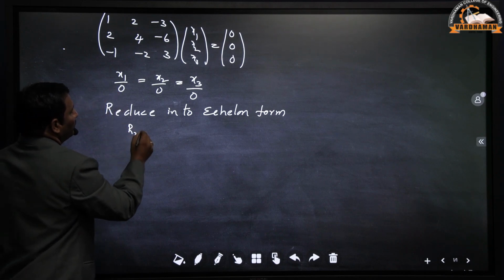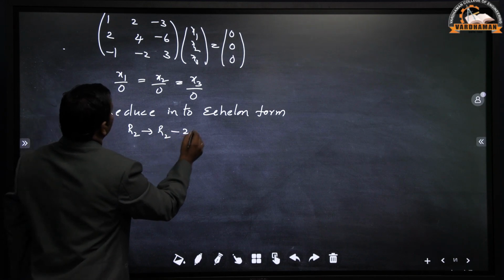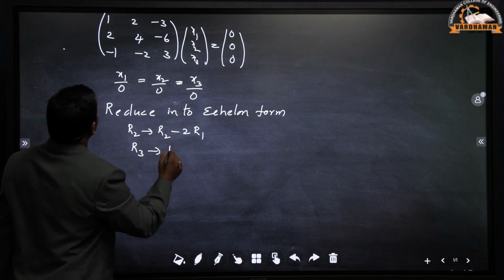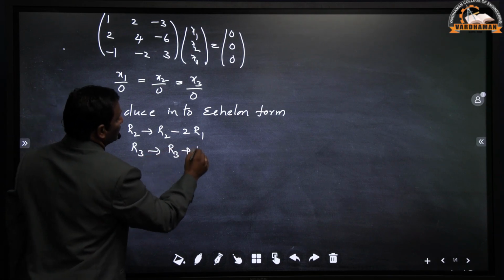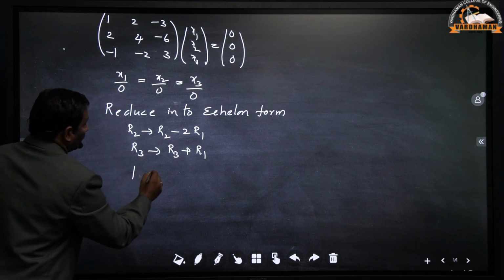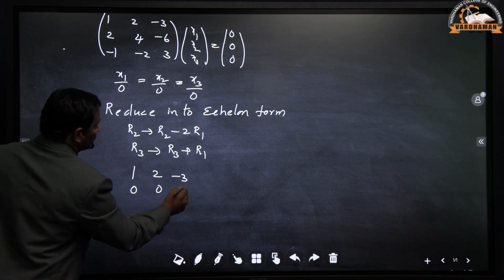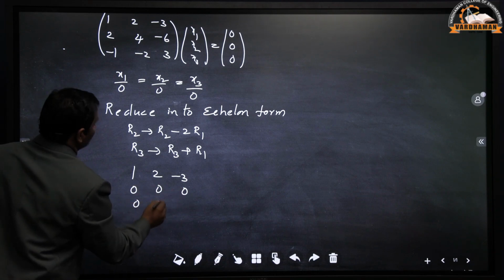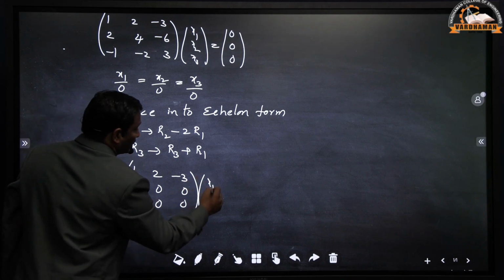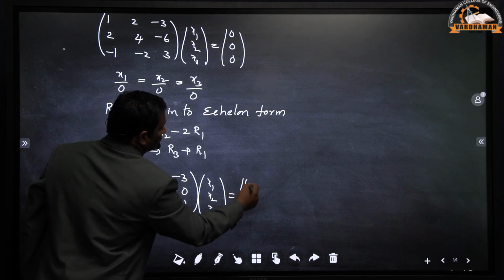R2 becomes R2 minus 2R1 and R3 becomes R3 plus R1. We get 1, 2, minus 3; 0, 0, 0; 0, 0, 0, into x1, x2, x3 equals to 0, 0, 0.